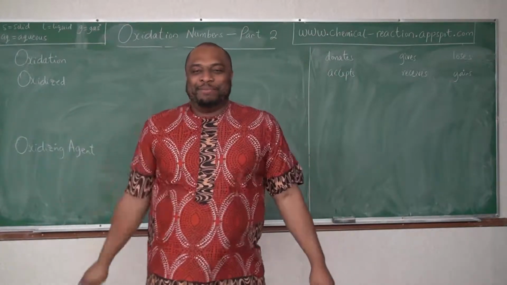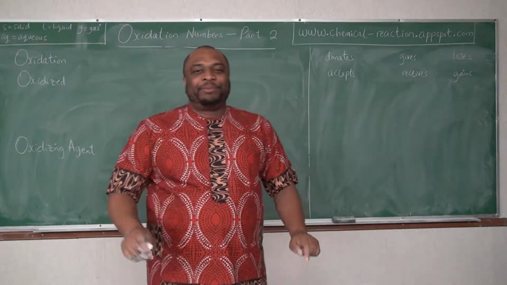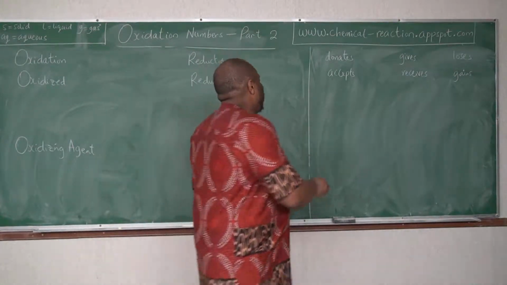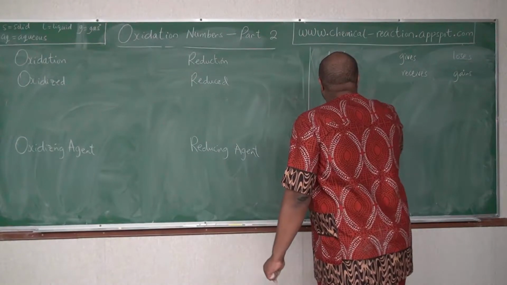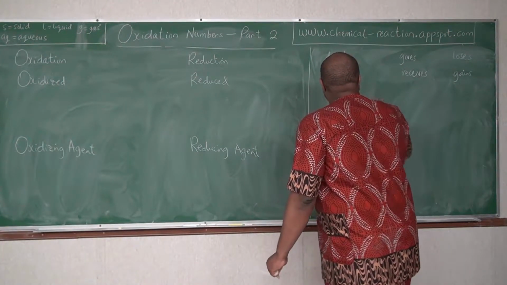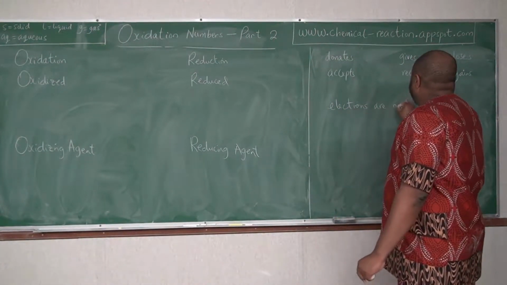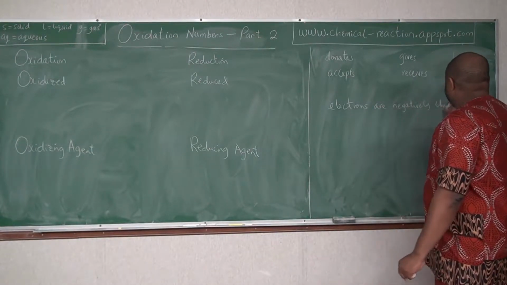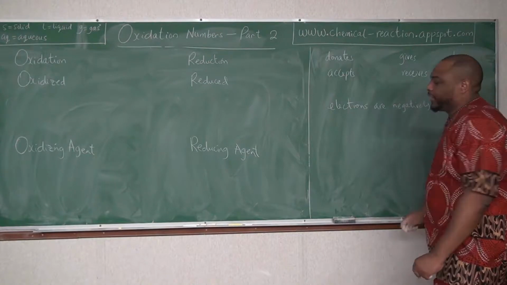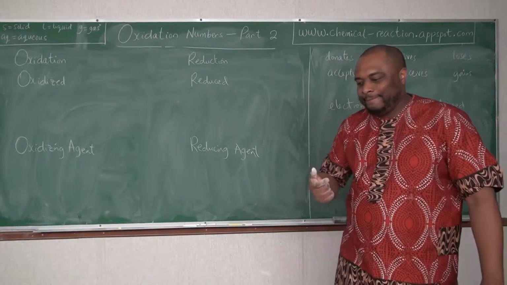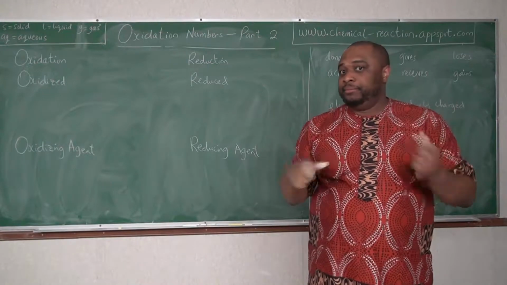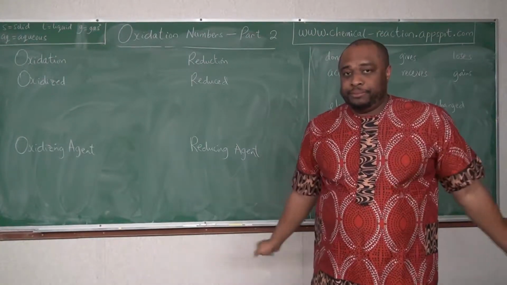So now let's remove human beings and come to chemistry. Electrons are negatively charged. So when you get a negative, you're reduced.